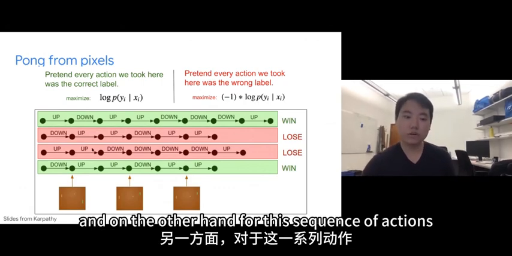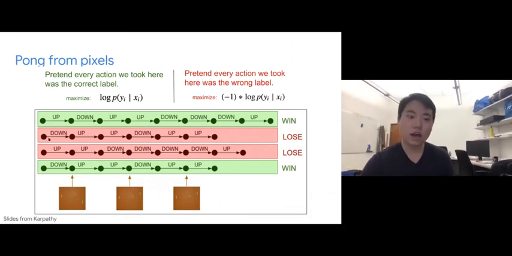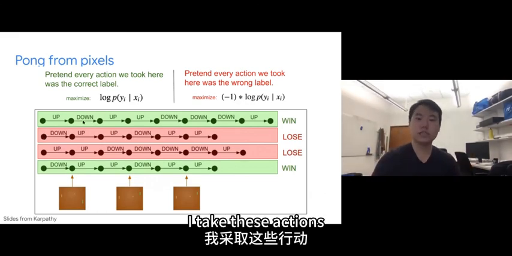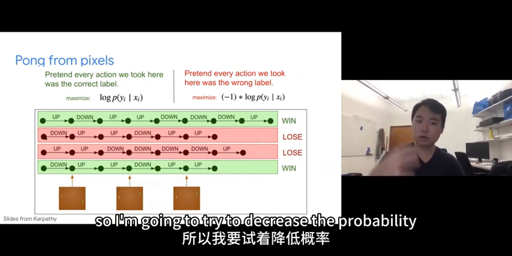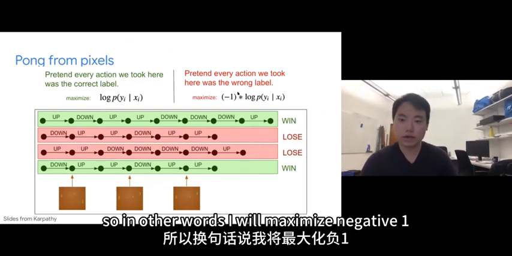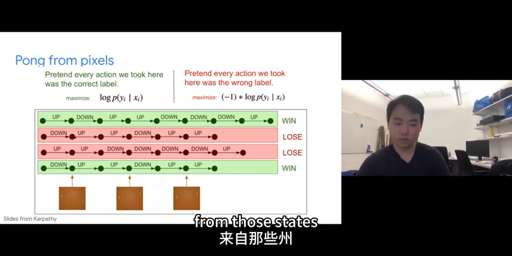On the other hand, for this sequence of actions, which I eventually lost, I'm going to think that these actions are bad because from these states I take these actions and they eventually led me to a -1 reward. So I'm going to try to decrease the probability of taking these actions in the future. In other words, I will maximize -1 times the log probability of taking those actions from those states.